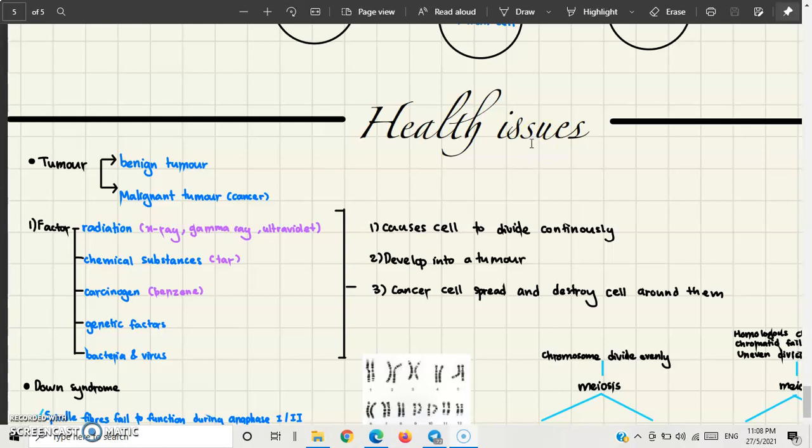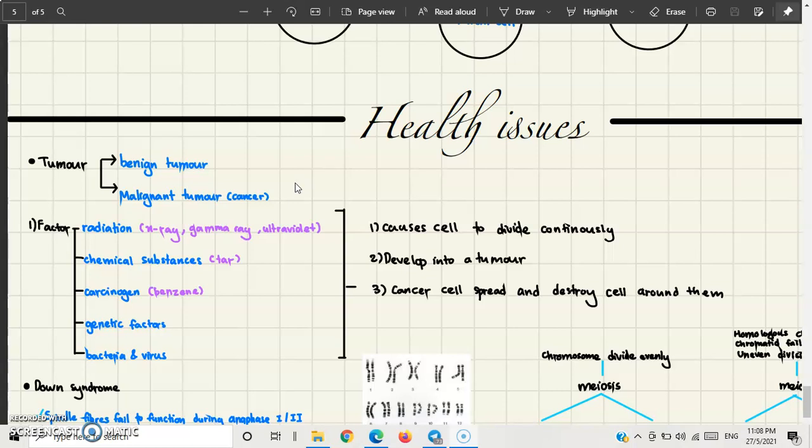As you can look in your textbook on page 108, the cell cycle is controlled by a special control system at each G1, S, G2, and M phase. The special control system ensures proper division of the cell.